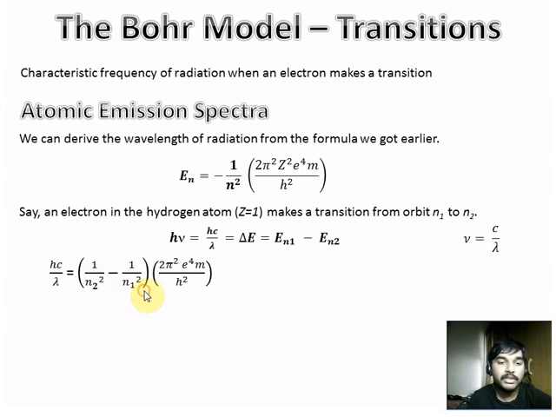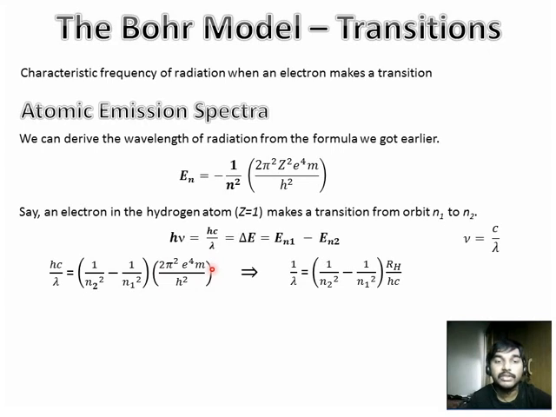What this implies is something very simple. You just take hc to the other side, and you have 1 by lambda. So if you know 1 by lambda, you obviously know what lambda is, just the reciprocal. This is the expression that you get, where RH is a new constant. We just take all of this and make a constant out of it.